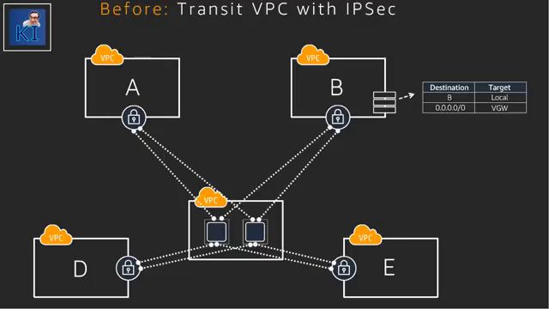But then again, this means that you have to manage a lot of stuff in this particular VPC. All these instances in this central transit VPC are responsible for routing the traffic to, or forwarding the traffic to, other VPCs. You need to be responsible for that.